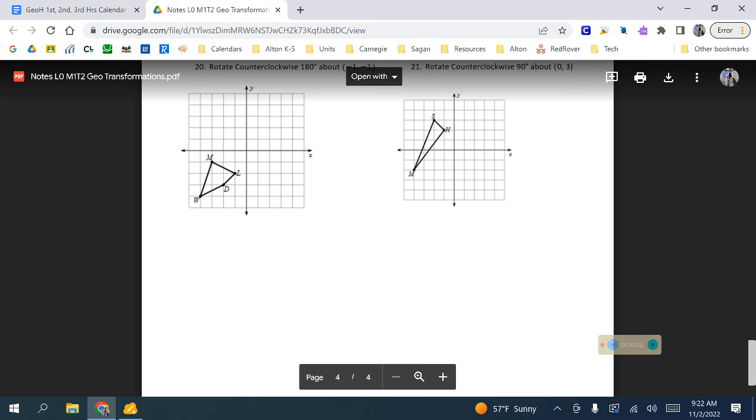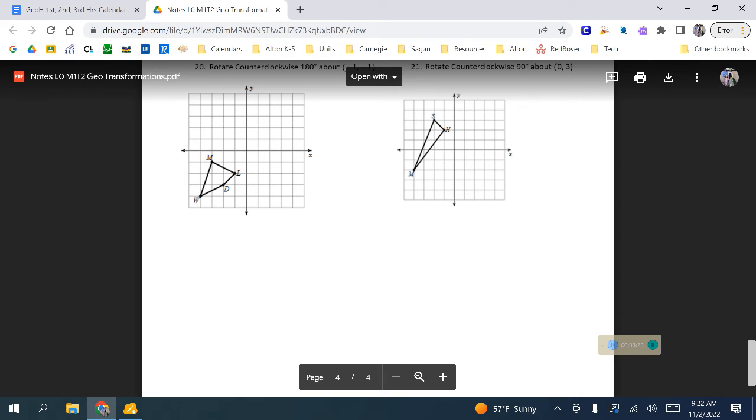Maybe too much in the bottom quadrant there. Maybe a little bit more up top in quadrant 1. Something like that. Okay.